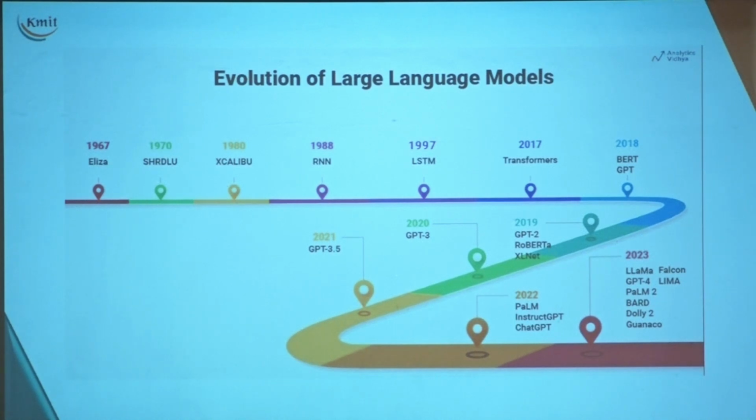In GPT we have different versions. Similarly, in the BERT transformer we also have different versions. As you can see, RoBERTa, XLNet, all these are different versions of BERT models. We have so many others also which are not mentioned here. Then in 2020 we have GPT-3, in 2021 GPT-3.5, in 2022 we have PaLM, Pathways Language Model, and in 2023 we have Llama, GPT-4, and PaLM 2.